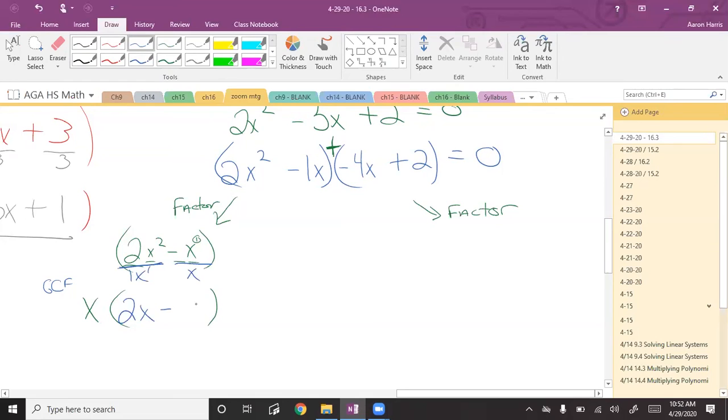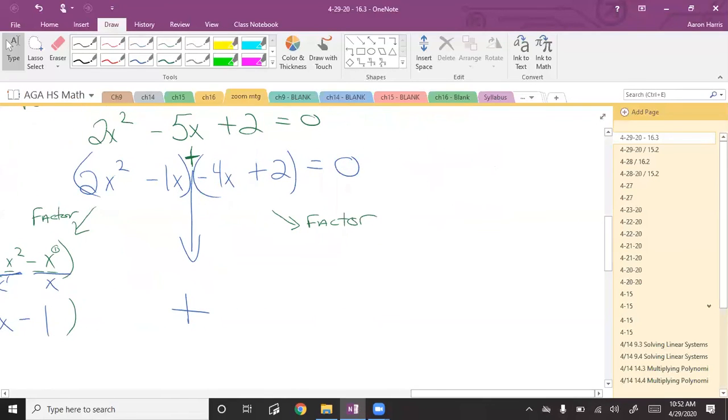X divided by x is what? 1. So we got 2x minus 1, correct? Bring down our plus sign. Don't forget that, okay? And now I got negative 4x plus 2.